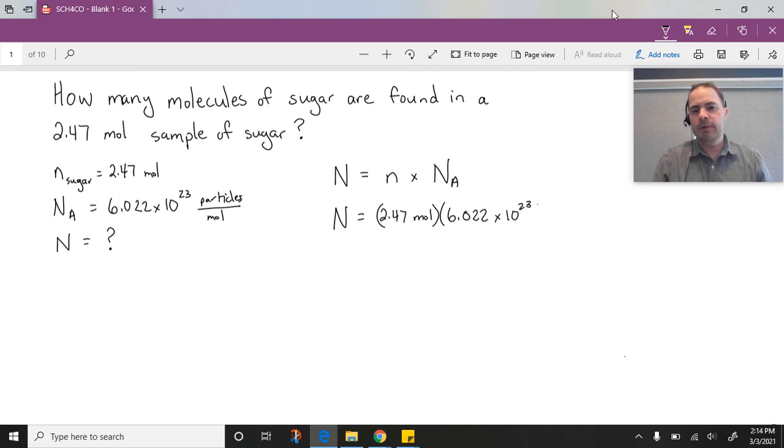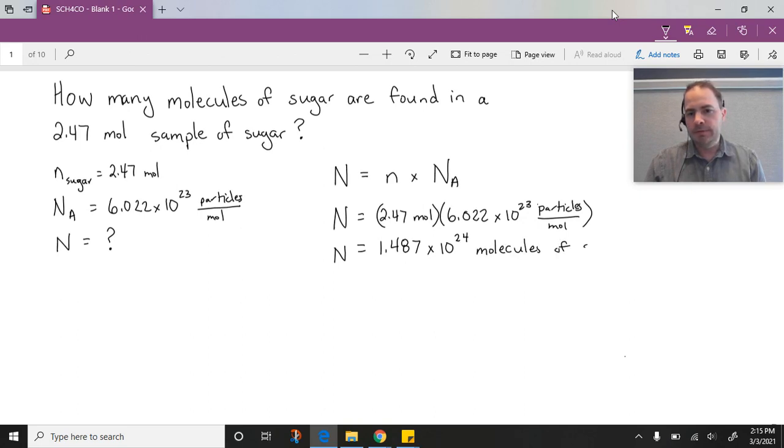And this is where we want to make sure we are using our calculator properly. We want to make sure we're using the scientific notation button on our calculator when we're punching in that big number for Avogadro's constant. So when we do that calculation, we're going to get 1.487 times 10 to the 24 molecules, because those are our particles of sugar.